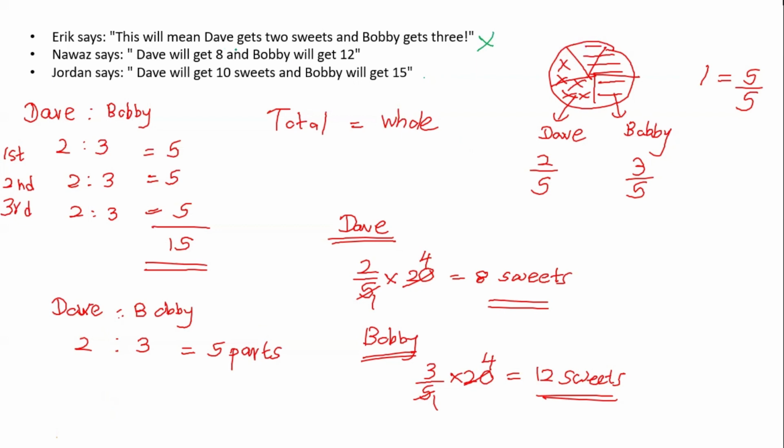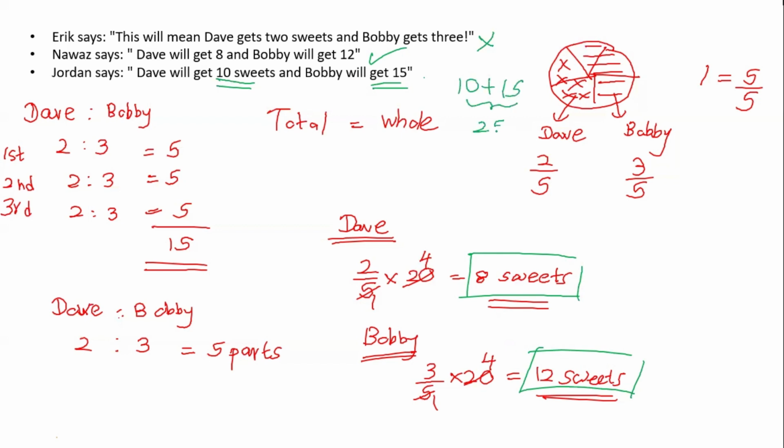But Nawaz says Dave will get 8 and Bobby will get 12. So that's right because here also for Dave we got 8 sweets and for Bobby we got 12 sweets. So this answer is actually correct. And third one, Jordan says Dave will get 10 sweets and Bobby will get 15. If we add them together, 10 plus 15, it gives 25 sweets.